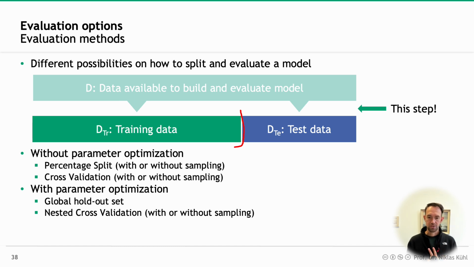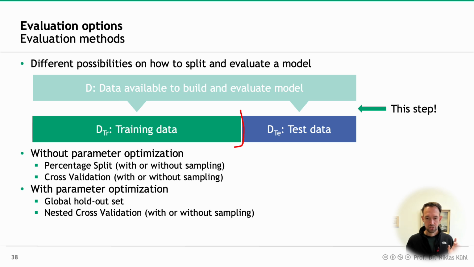There are two questions that you need to ask yourself. First one is, do you want to optimize the parameters? These little options that you have when you choose an algorithm, right? You remember for support vector machine, it was the C, for example. For the deep neural network, it's a question of activation function, of how many neurons per layer, and so on. So do we want to optimize these parameters?